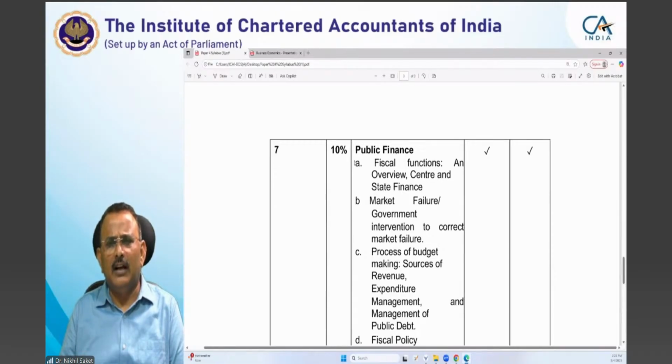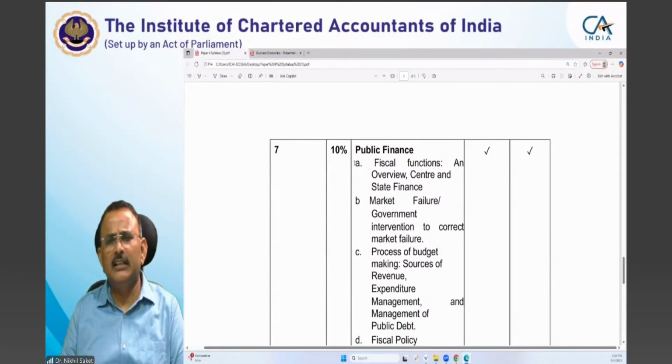Although when we see the trends of the questions appearing, focus on data interpretation is not much at the foundation level, although that is very important, particularly if you study advanced economics, because interpretation of data is very important in economics. If you go on to do forecasting and use other economic tools, this usage of data is very much there.